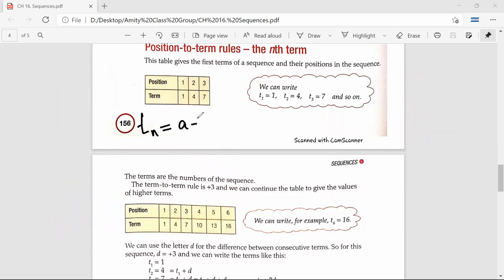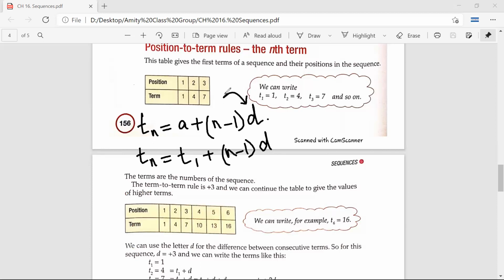Tn is equal to A plus n minus 1 into D. Or if you are not comfortable with this, you can also write Tn is equal to T1 plus n minus 1 into D. So this is n minus 1 multiplied by D. Soumya ji, any doubt?